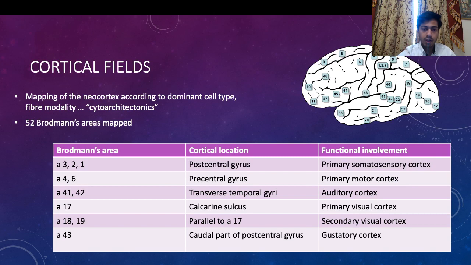So, for example, we know that areas 3, 2, and 1 are located on the postcentral gyrus. Postcentral gyrus, what does that mean? Postcentral, obviously posterior to the central sulcus. So we know that this area here, right behind the central sulcus, is the primary somatosensory cortex.